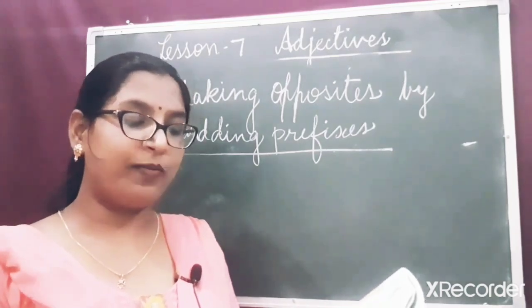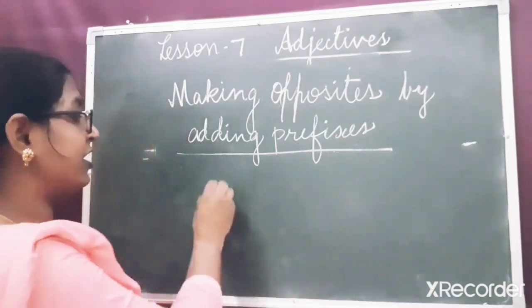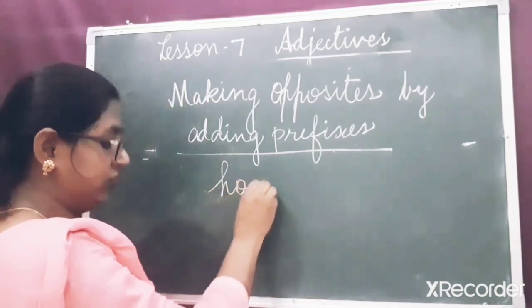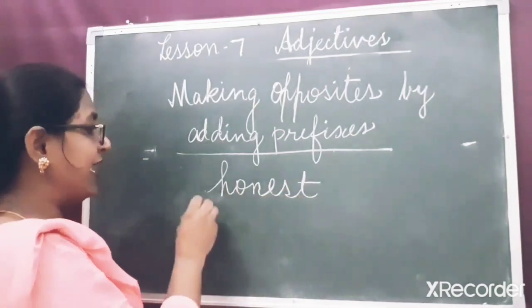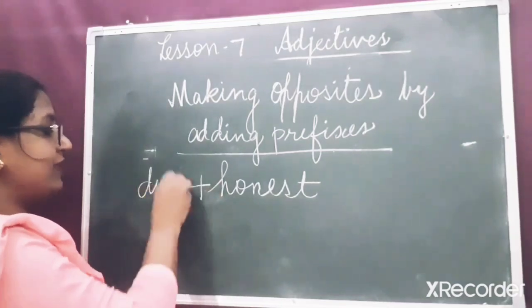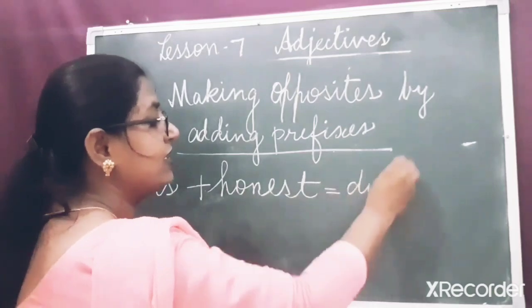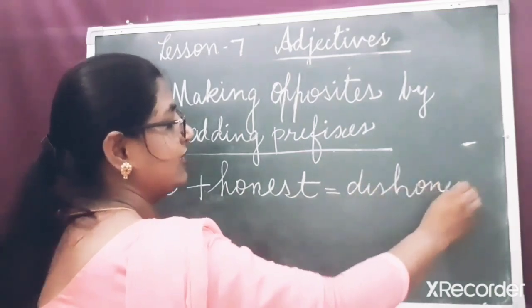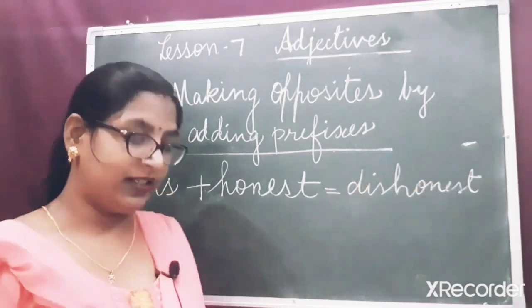To get the word opposite in meaning to honest, if we add before the word honest the prefix dis, the word we get is dishonest.